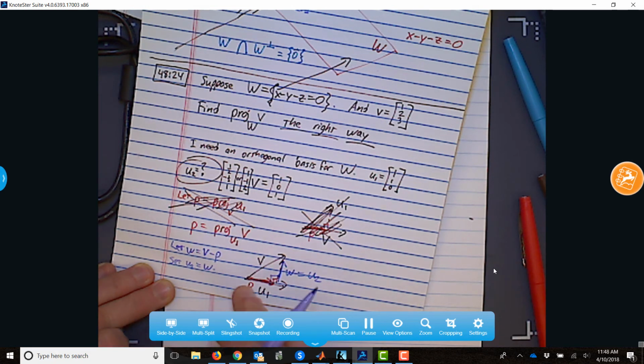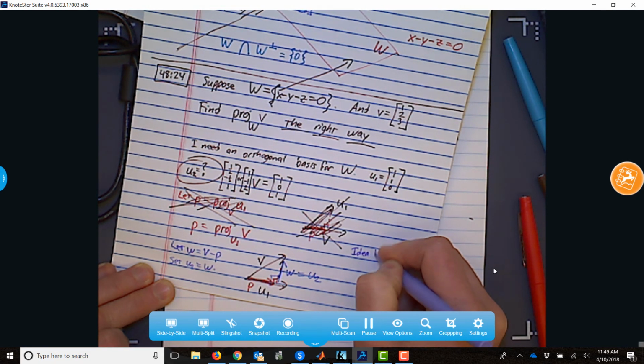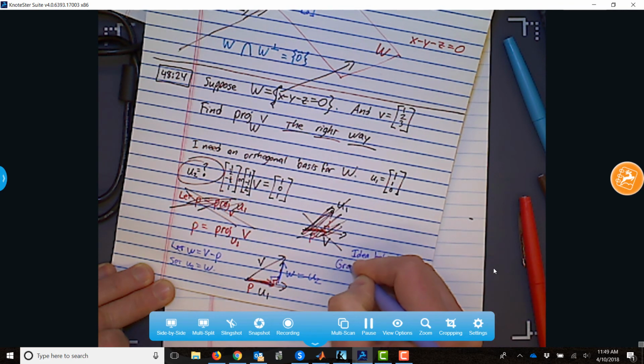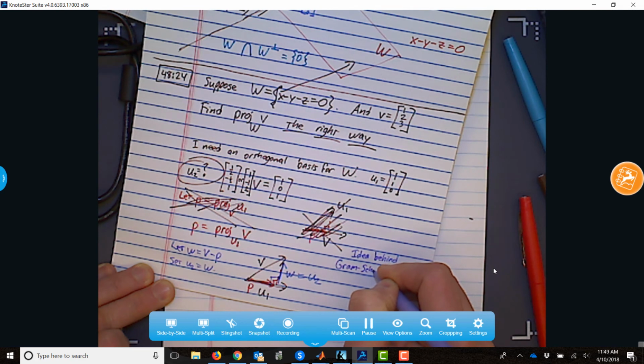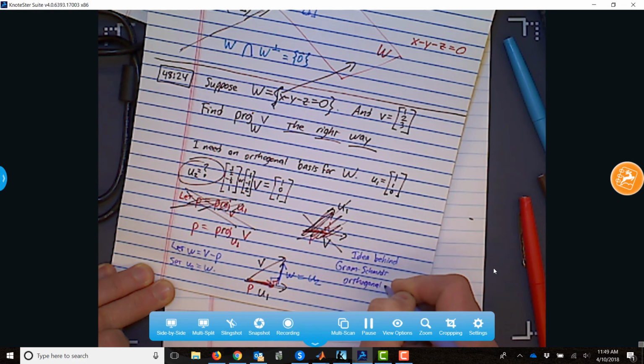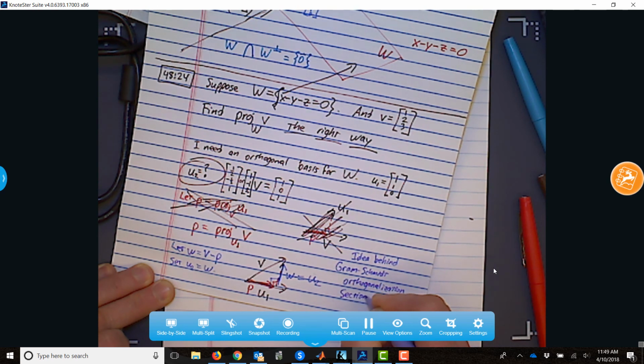I'm telling you that this is the basic idea. This is the idea behind what is called Gram-Schmidt orthogonalization. And this is what you're going to read about for Thursday, section 5.3.